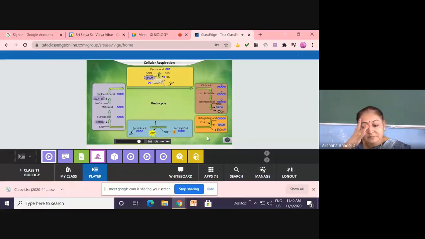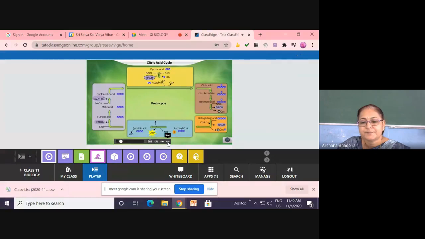The reduced cofactors NADH, H+, and FADH2 enter the electron transport chain. The energy stored in these molecules is converted to ATP. Oxygen is the final electron acceptor. It combines with protons to form water.